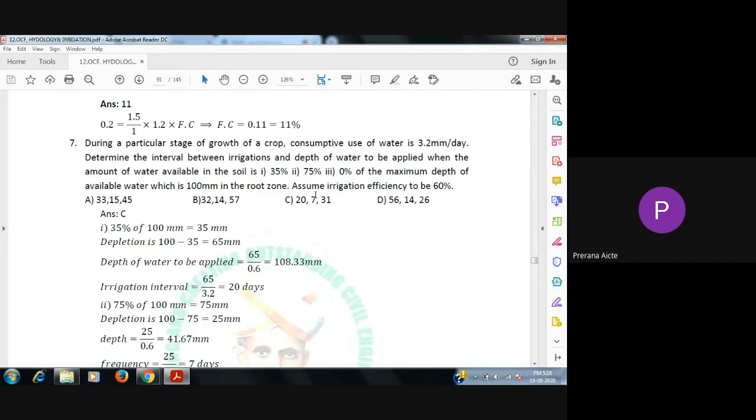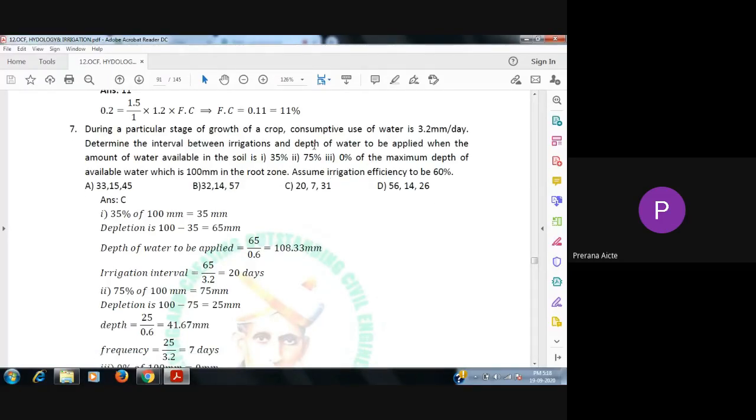So for that, I request you to memorize the irrigation efficiencies. Let us say 35% of 100 mm, right? 35 mm. Depletion means how much? 100 mm is 35. So depth of water to be applied means 65 by 0.6. This was 60%. So like this. So what is irrigation interval actually? Frequency of irrigation.